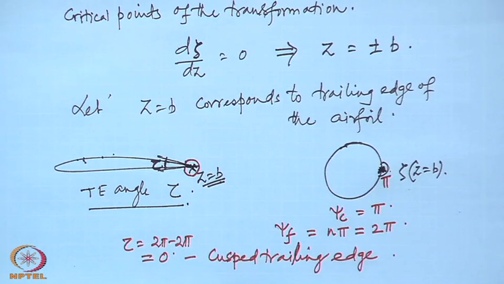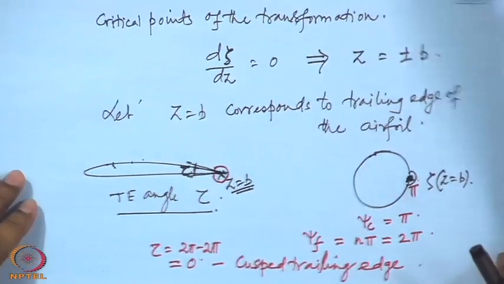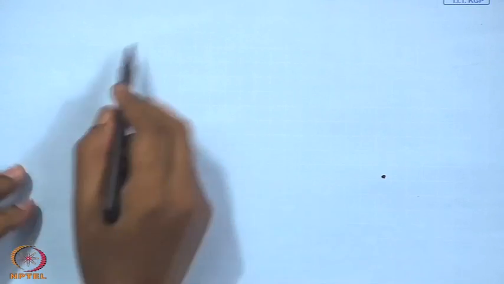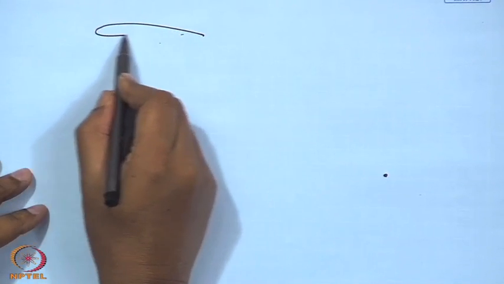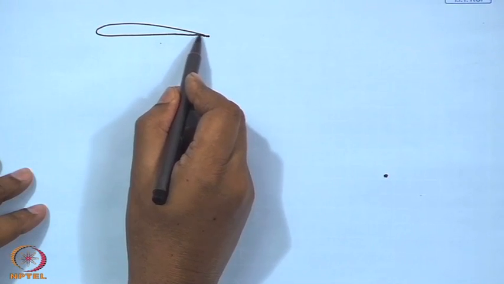Unfortunately, however, all practical airfoils have non-zero trailing edge angle. With a cusped trailing edge, what will the airfoil look like? The airfoil will look something like this. The two sides, upper surface and lower surface, are tangential near the trailing edge.